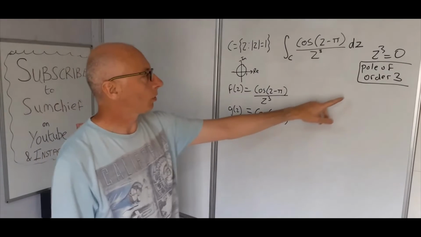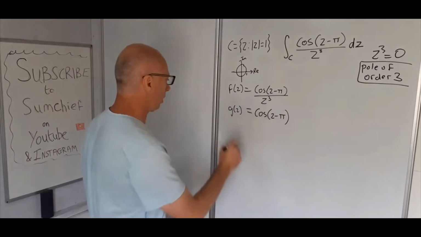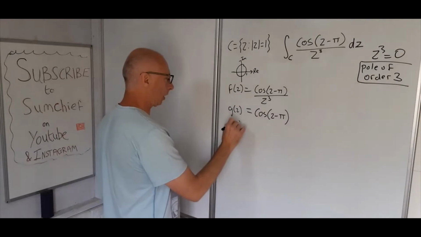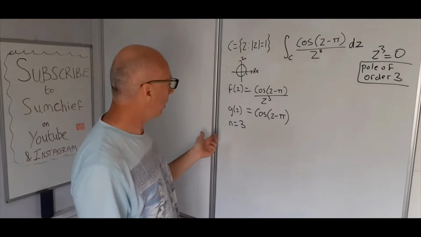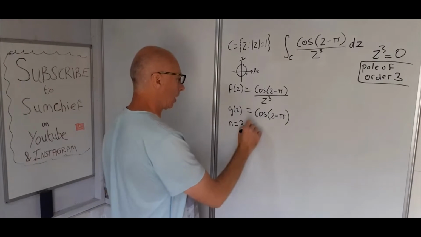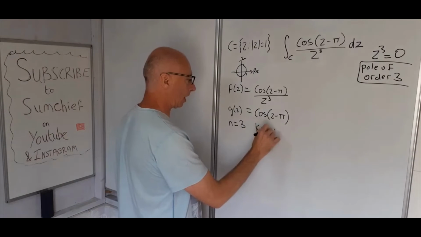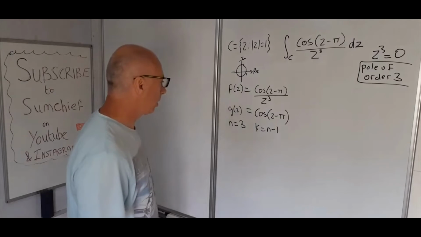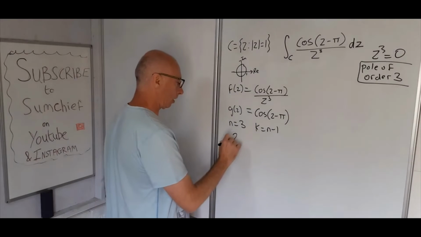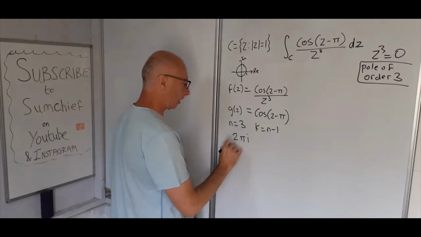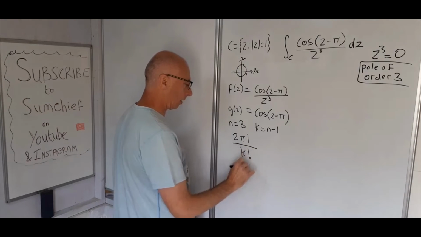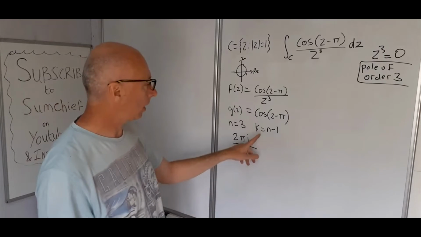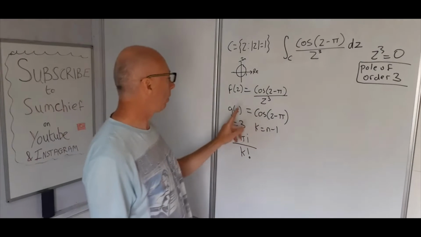Well, we've got a pole of order 3, so n will equal 3, and our k is our kth derivative, and then k is equal to n minus 1. So basically how we do this is 2 pi i over k factorial, and we take the kth derivative of g.